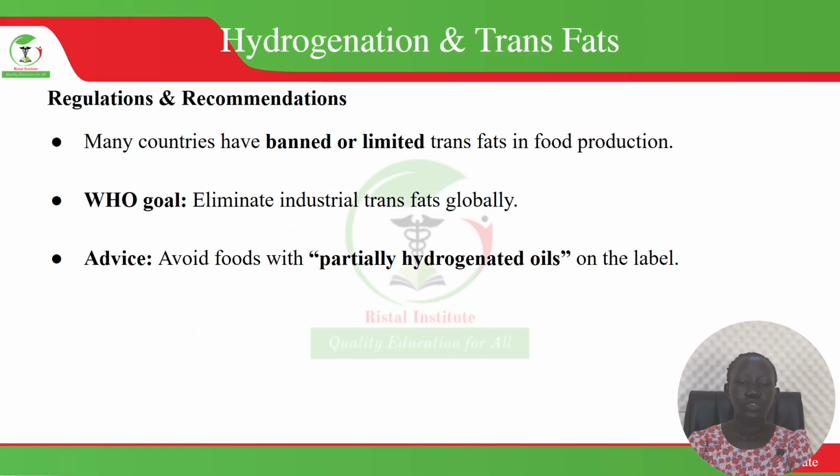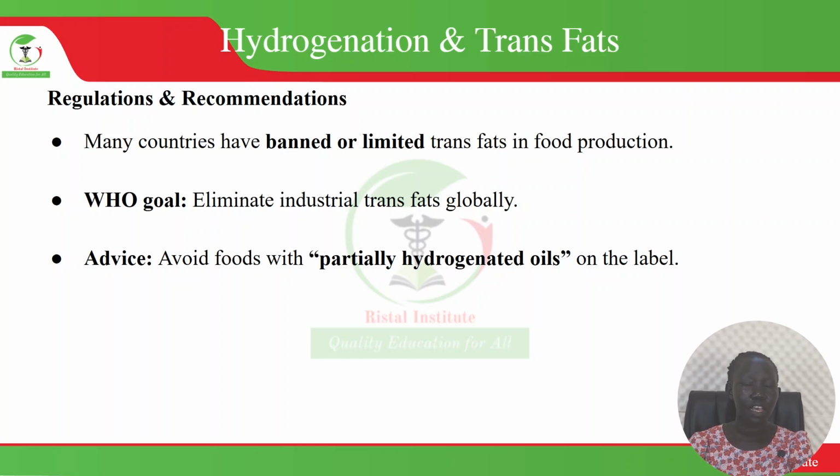Regulations and recommendations. Many countries have banned or limited trans fats in food production because we have already seen that they are not healthy for the body and they lead to cardiovascular diseases. The World Health Organization goal is to completely eliminate industrial trans fats globally.